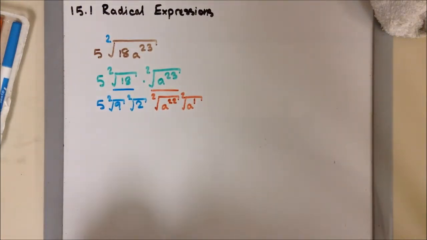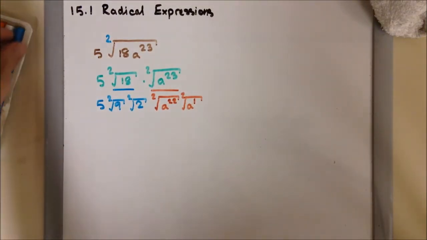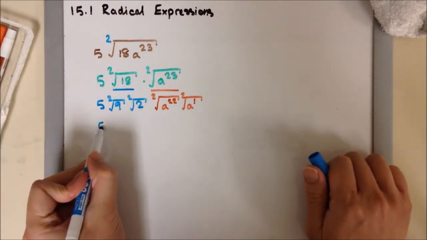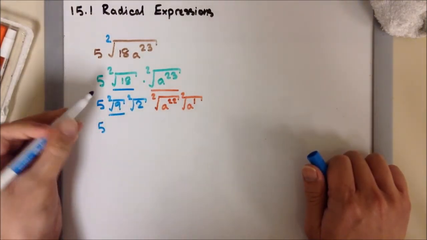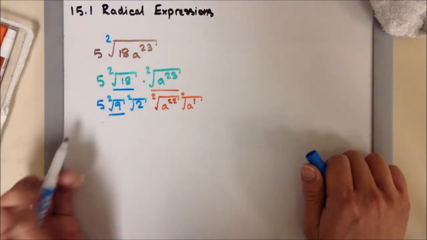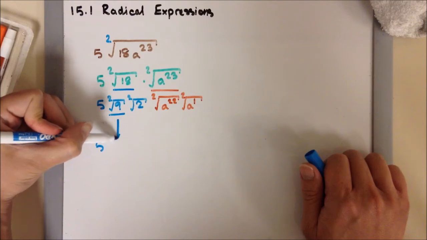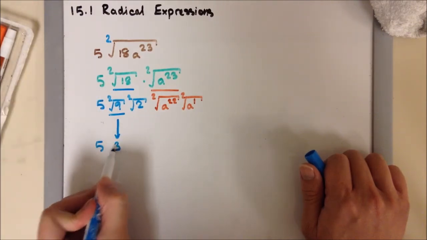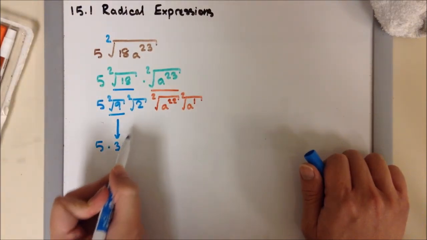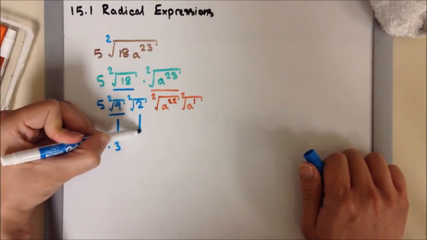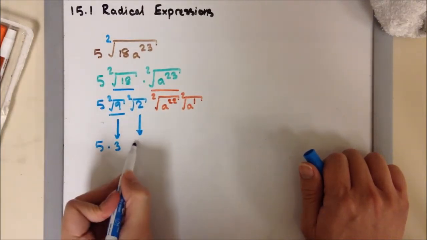Alright, so let's start simplifying. Like I said before, we still have the 5 in the front. Here I can do the square root of 9, which is 3. So I'm going to bring down the 3, and it's multiplying. Now the square root of 2, I can't simplify, so I'm just going to bring it down.